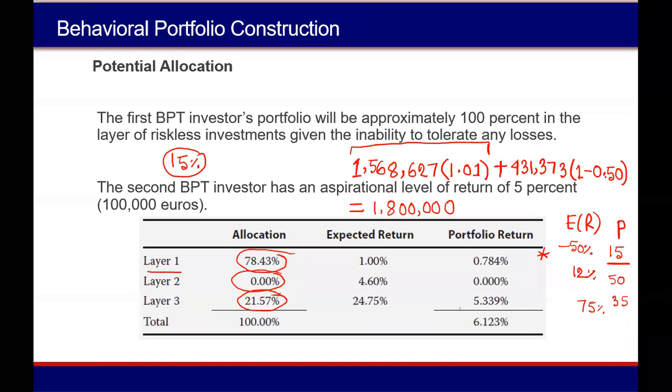Now, if we take the second case, what is the probability? 50%. How much return will we get, I mean, in total? In that case, there will be 2 million.